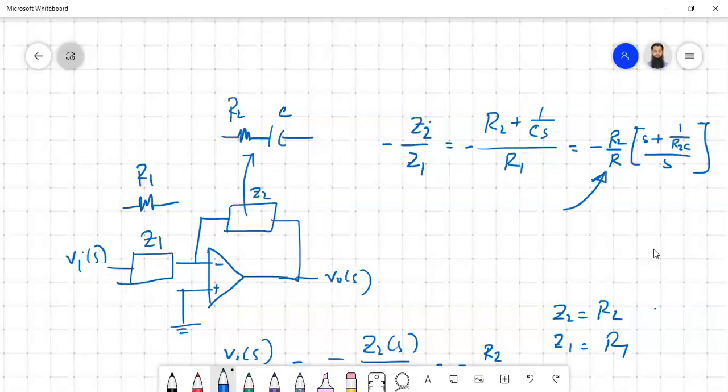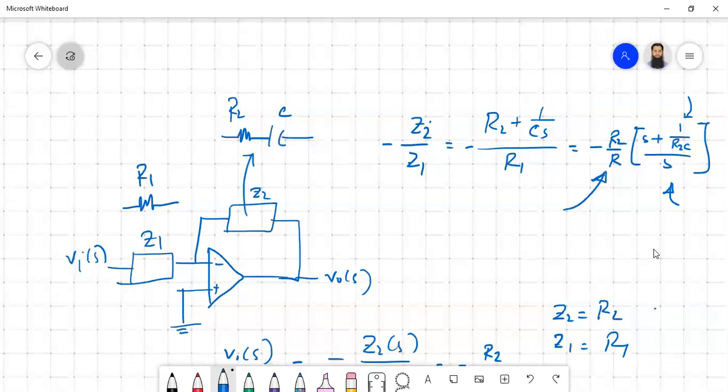So we said that in the case of the PI controller you have to have a gain. So this is a gain. Then you have a pole at the origin and a very nearby zero. You have to choose the value of R2 and C in such a way that the location of the zero is very close to the origin. So this is the PI controller.